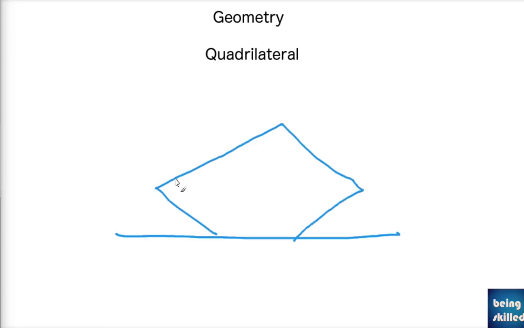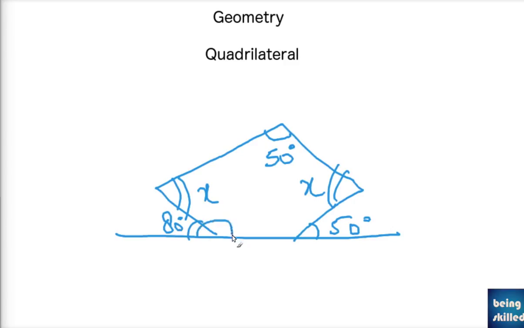Now we have this figure in which these two angles are the same, and this is, let's say, 50 degrees and this is 80 degrees. So we just have to calculate x. Here we have to remember a few rules. First, if this is 80 degrees, then this particular angle will be 180 minus 80.